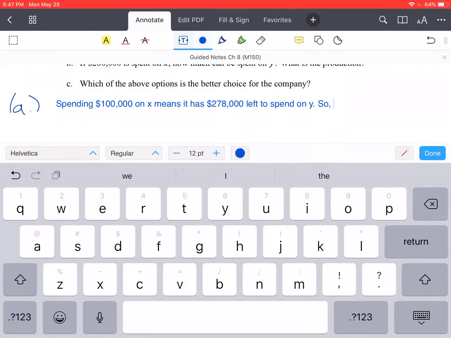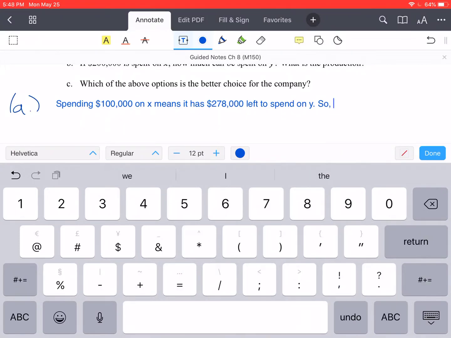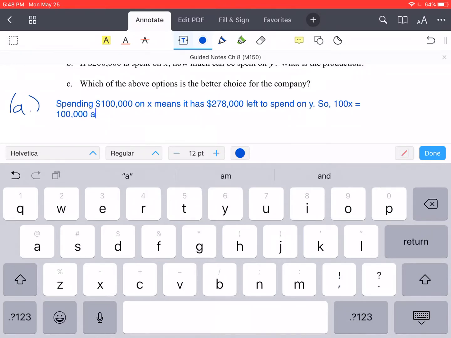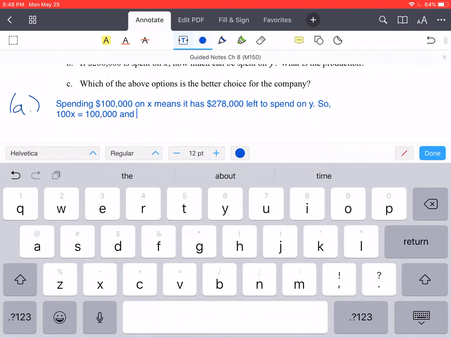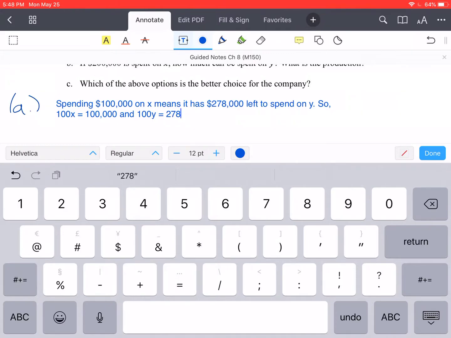So we have the total cost of x, so 100x would be equal to 100,000, and 100y would be equal to 278,000.